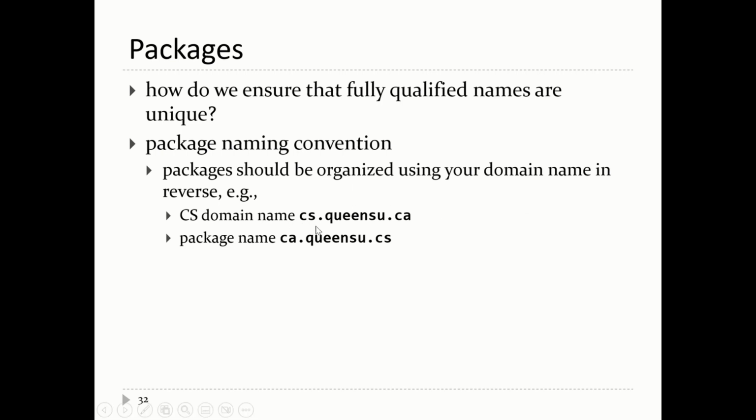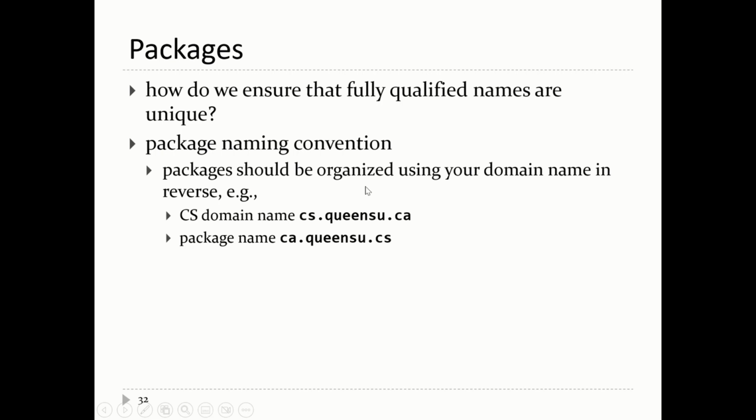The computing science domain name is cs.queensu.ca, so anybody in the computing science department that releases Java software is supposed to put it in the package ca.queensu.cs. Domain names are unique because there is a central registry of domain names. Again, nothing in the language requires you to do this; you can name your packages whatever you want.